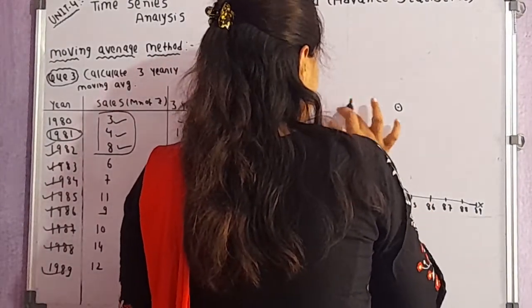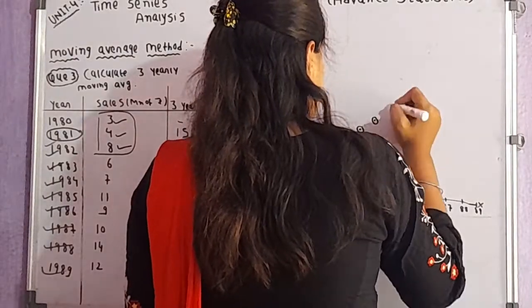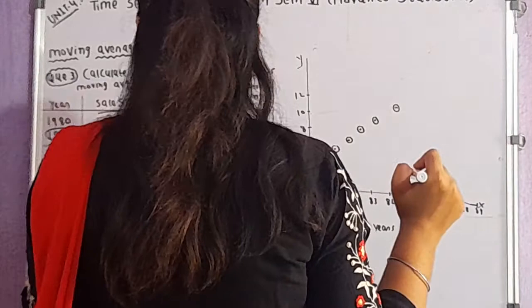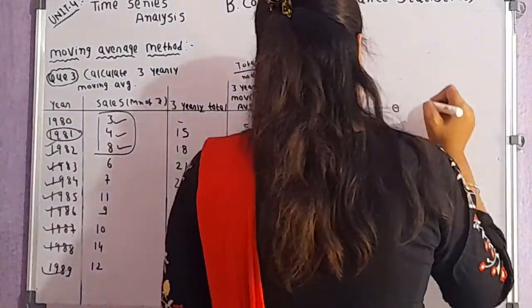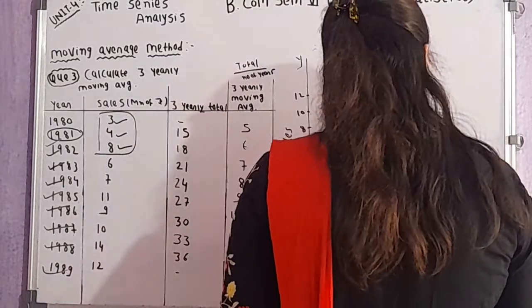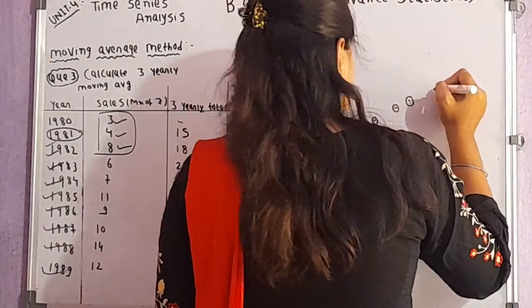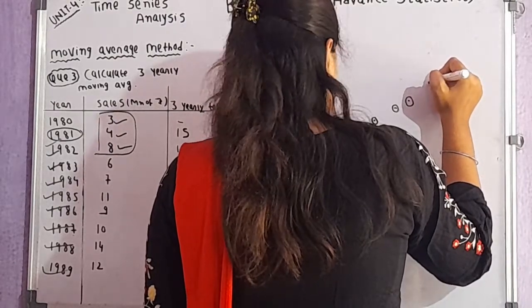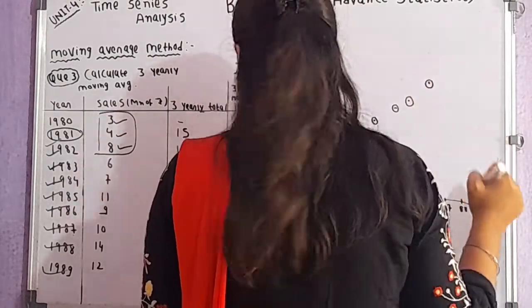After that 1986, 10. So here it's 10. 1987, 11. So here it's between 10 and 12, 11. 1988, 12.